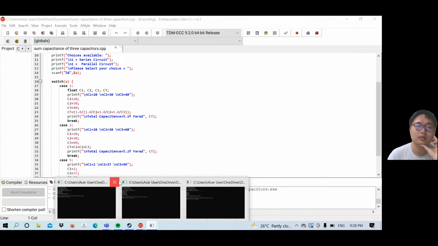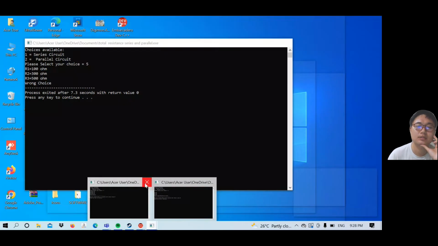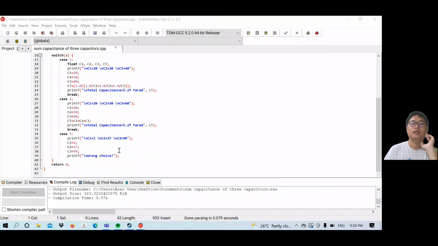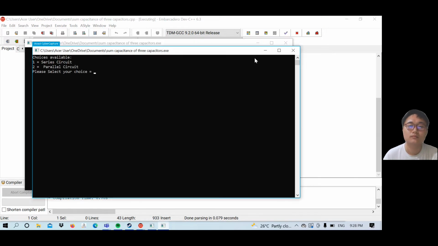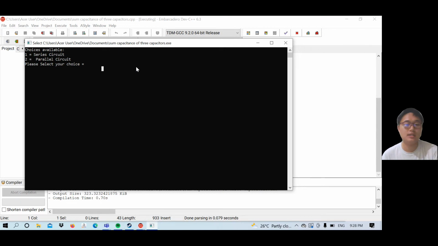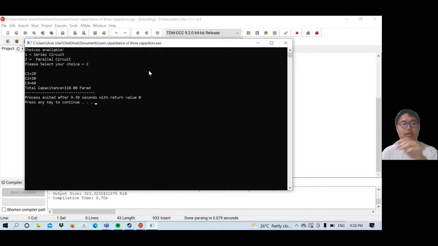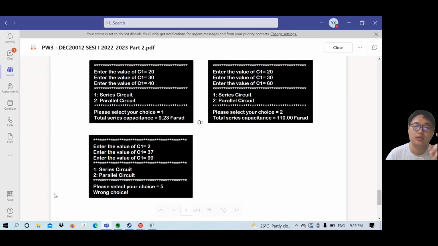Let me clear the other outputs first. So I compile and run again. This time is choice number 2. It gives me a total capacitance of 110 farad, which is the same as the second statement above for choice number 2.